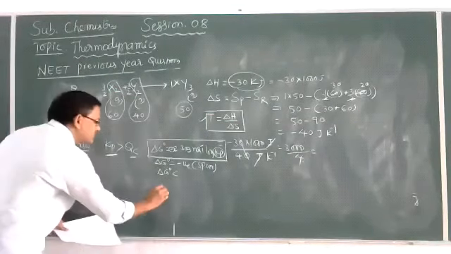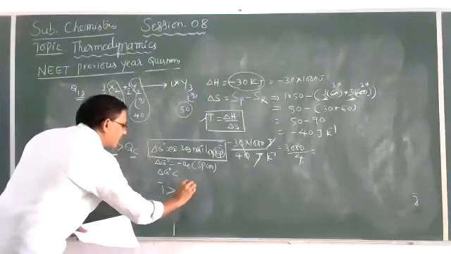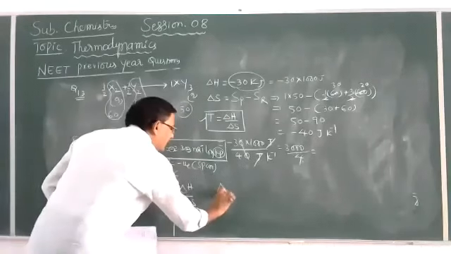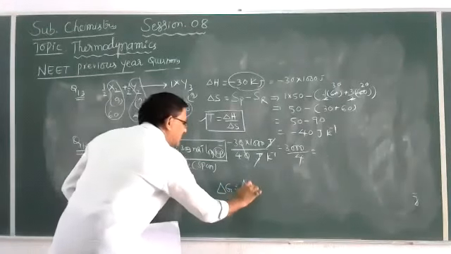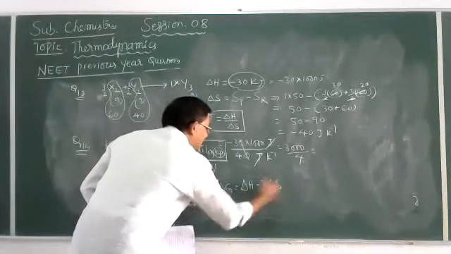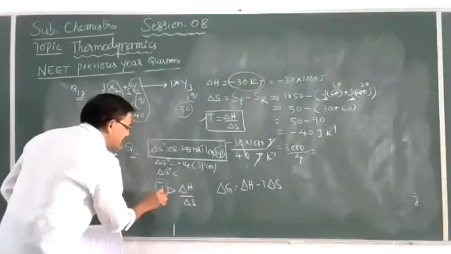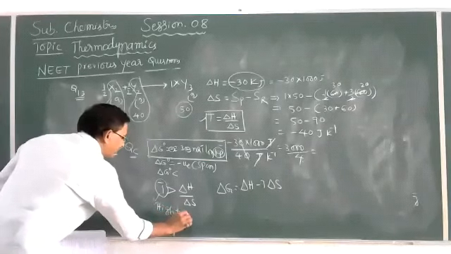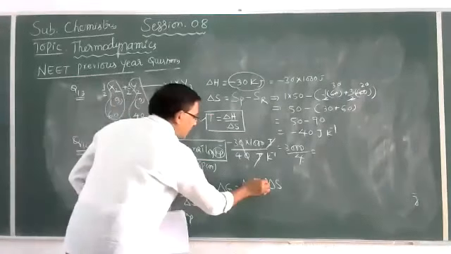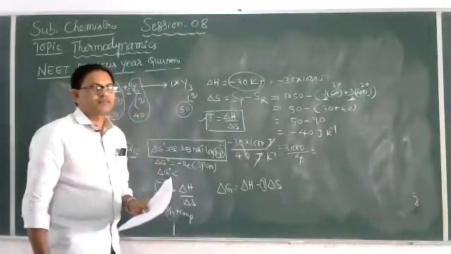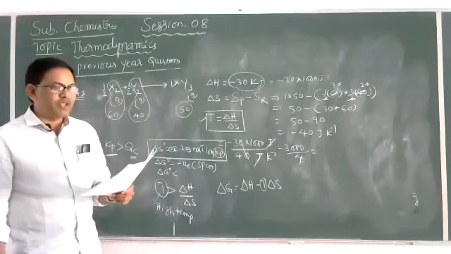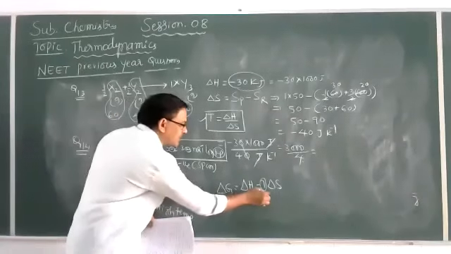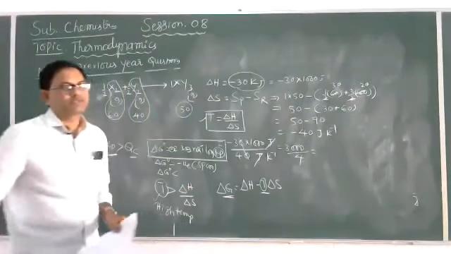Then the fourth one is T greater than delta H by delta S. Here delta G equals delta H minus T delta S. Greater means high temperature. At a high temperature, this value is high, so a negative value will be obtained. A negative value means it is a spontaneous process.